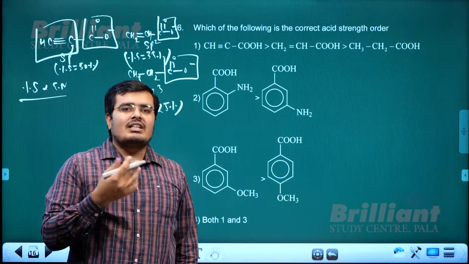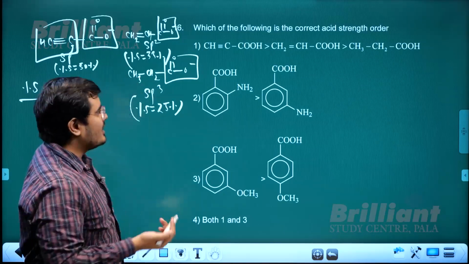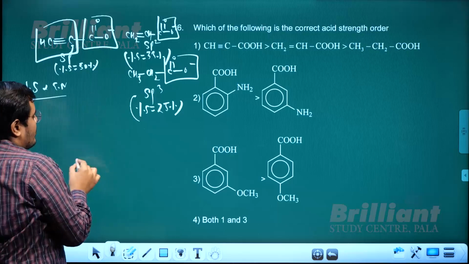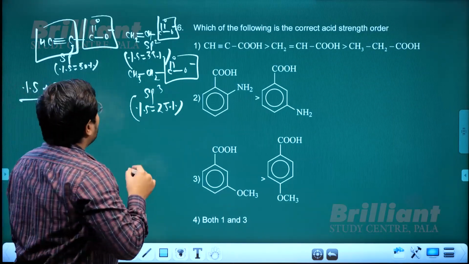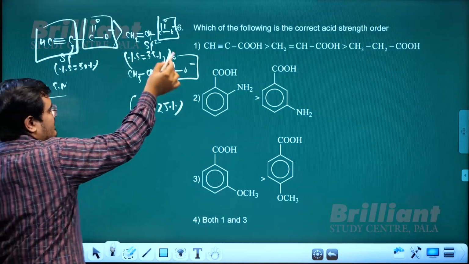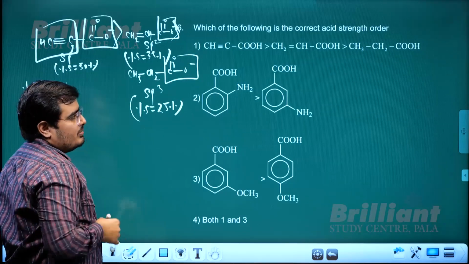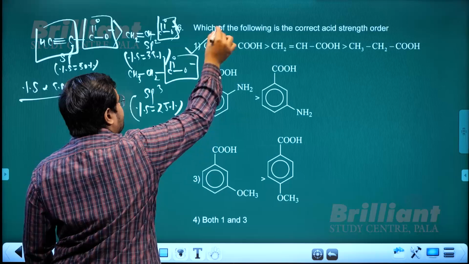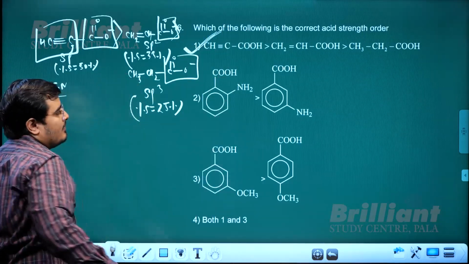And we know as percentage s character increases, electronegativity increases. So I can say this substituent will have the most minus I effect, and therefore its carboxylate anion will be most stable. Thereby, if the stability order is this, then the acidity order will also be that. So you can say this will be our answer.